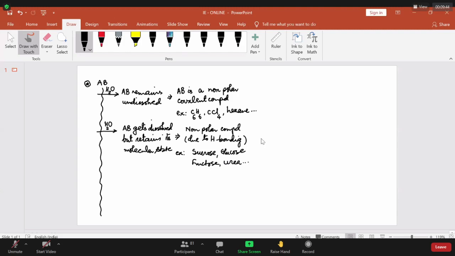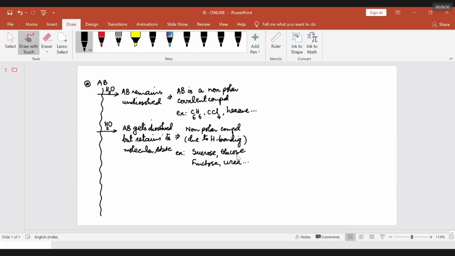Fine. Such covalent compounds, which are non-polar covalent compounds getting dissolved in water due to formation of hydrogen bonding but retaining their molecular state, are called non-electrolytes in our discussion today.